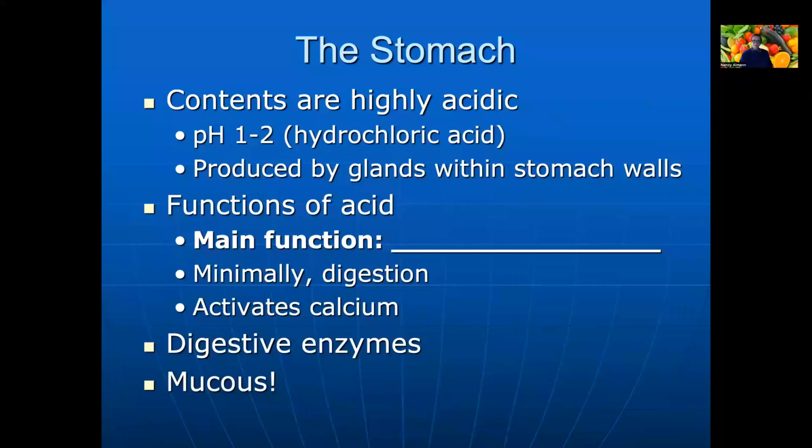The acidity of the stomach is going to be important because it activates calcium. And you need calcium to be activated by acid in order that you can digest it correctly.